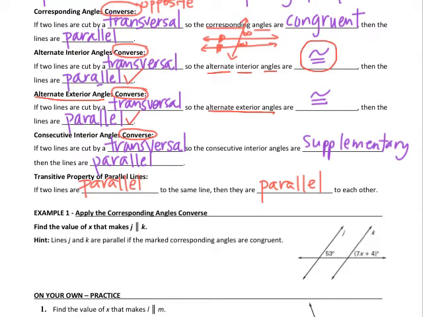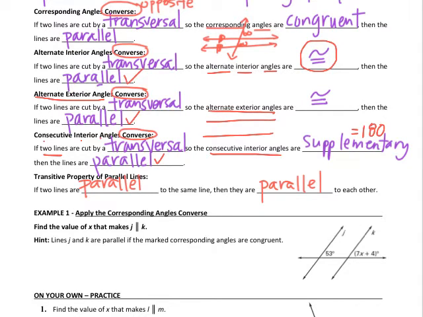Same thing for the consecutive interior angles. When we see that two lines are cut by a transversal, if the consecutive interior angles are supplementary, remember those are just the one angle pair that adds up to 180, then we know those lines are parallel. So let's just draw a picture here.